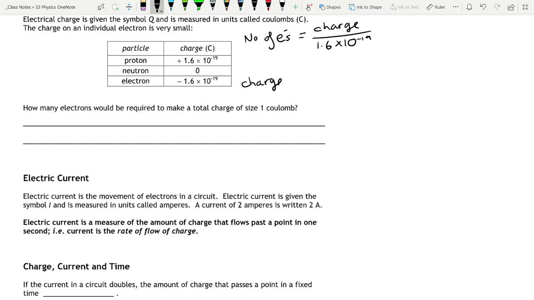Alternatively, if you wanted to find the overall charge of a certain number of electrons, you would say the number of electrons times the charge on 1 electron.